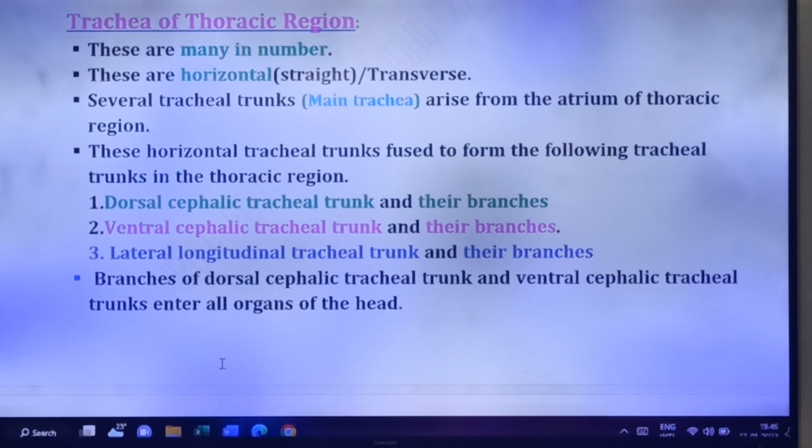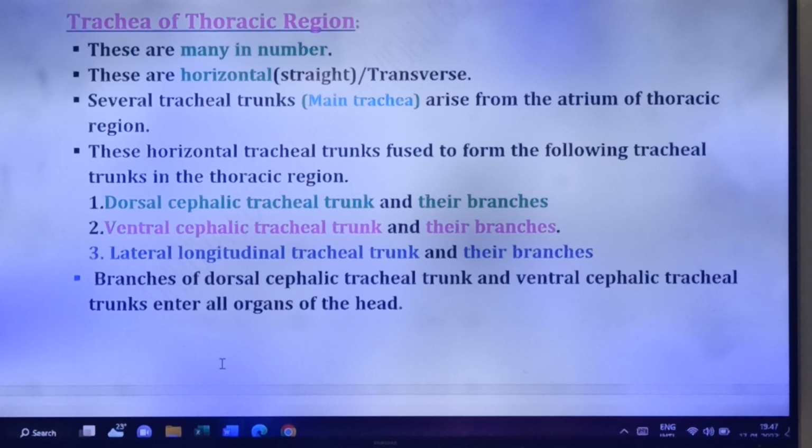Once again, friends, the thoracic tracheal trunks are many in number. They fuse to form 3 main types of tracheal trunks. What are they, friends? Dorsal cephalic tracheal trunk and its branches, ventral cephalic tracheal trunk and its branches, lateral longitudinal tracheal trunk and its branches.